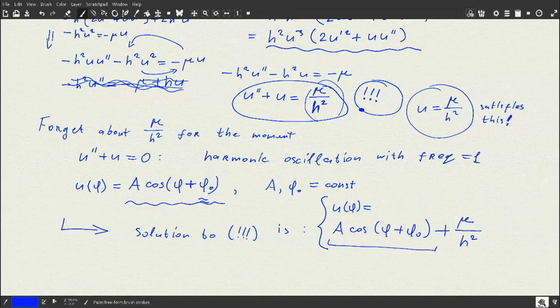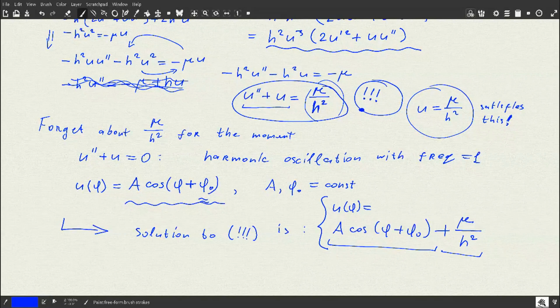Because the first term, A cosine phi plus phi 0, satisfies the harmonic part: taking the second derivative plus the term itself yields 0.